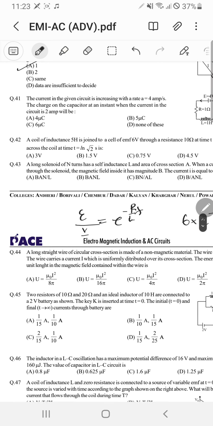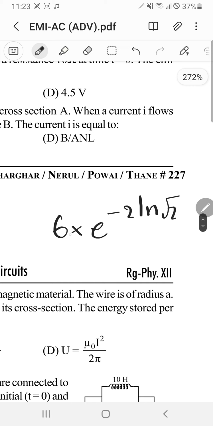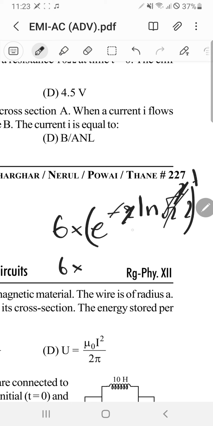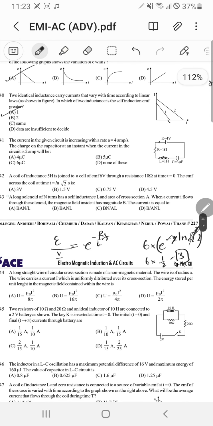So the EMF, just calculate this: 6 into e to the power of negative natural log 2, which is 1 by 2. That's 3. 3 is the answer, I think. Yeah, next.